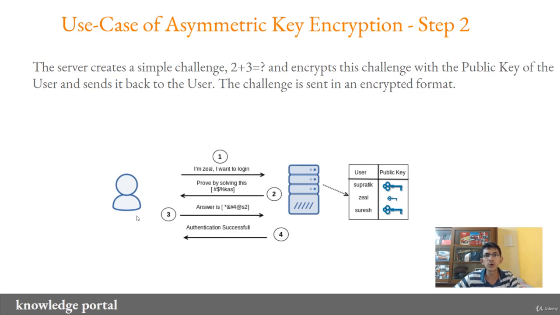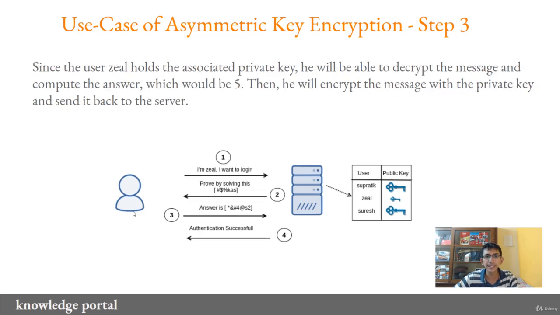Now Zeal, since he holds the private key, quickly decrypts that message and computes the answer as 5. He encrypts the answer, 5, with the private key and sends it back to the server. So in step 3, the answer is encrypted with the private key and sent back to the server.